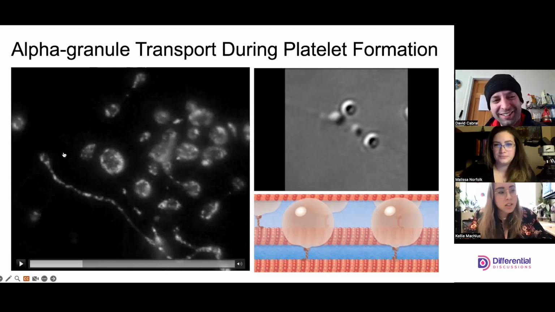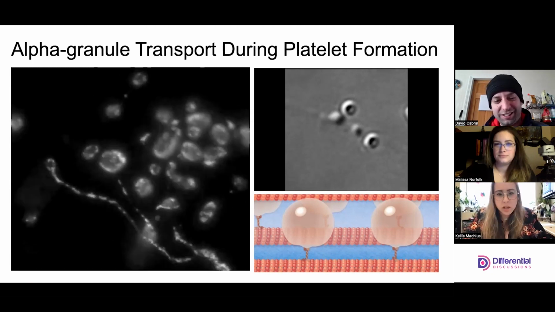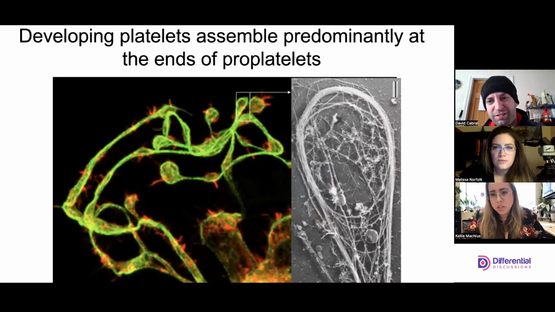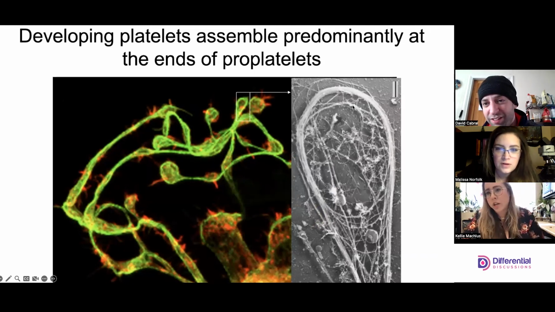This is another cool image showing just the tip. You can see at the tip of this proplatelet that the coils are already beginning to form, like it's going to pinch off.